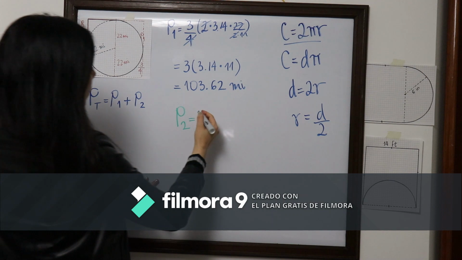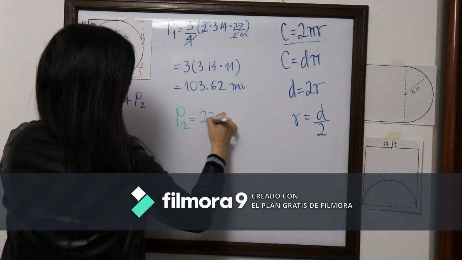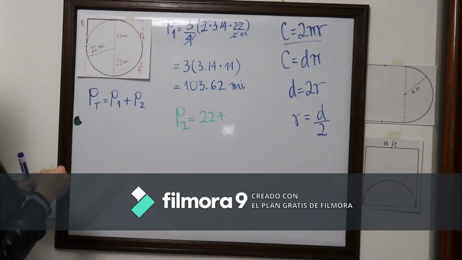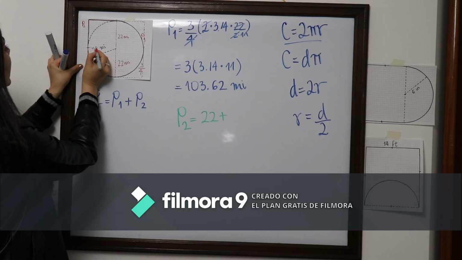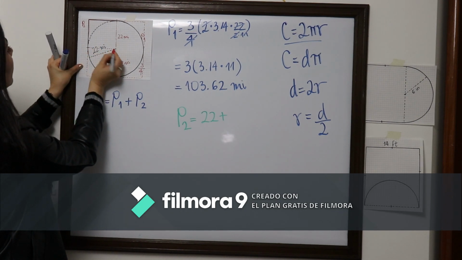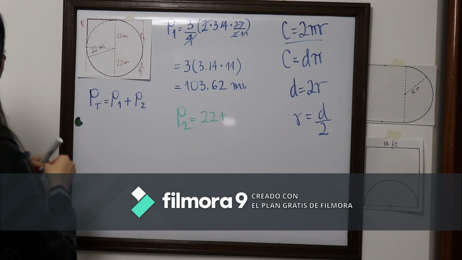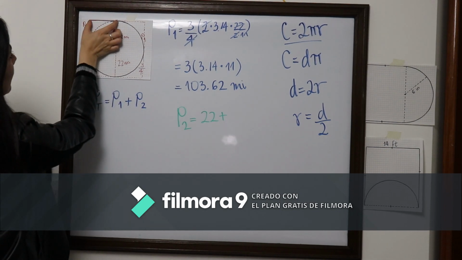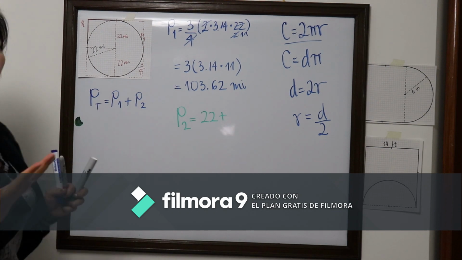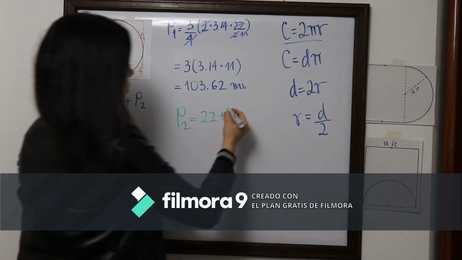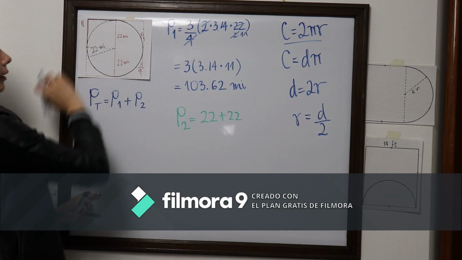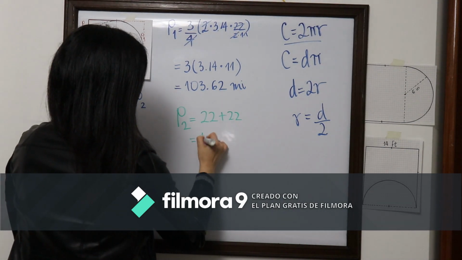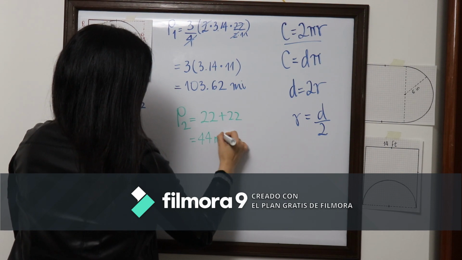So what that tells me is that this part would actually be exactly this part over here. So I know perimeter number 2 is 22, but then I am also able to get 22 miles as a radius over here. So this length over here is also going to be 22 miles. So my perimeter number 2, which is these 2 lines over here, is going to be a total of 44 miles.